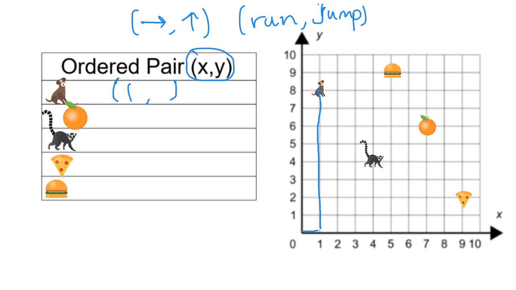So I'm going to put a 1 there. That's my X value. And then it is at 8 on my Y axis. Okay, so that puppy's at 1 and 8.